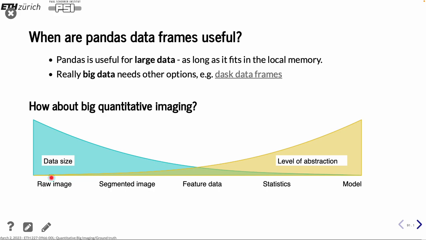And also the level of abstraction increases when you go in this direction. I would say mainly I would use the data frames in this part, but occasionally in that part, because I think mainly having images or separate images are mostly more efficient having them in a large array or something like that.